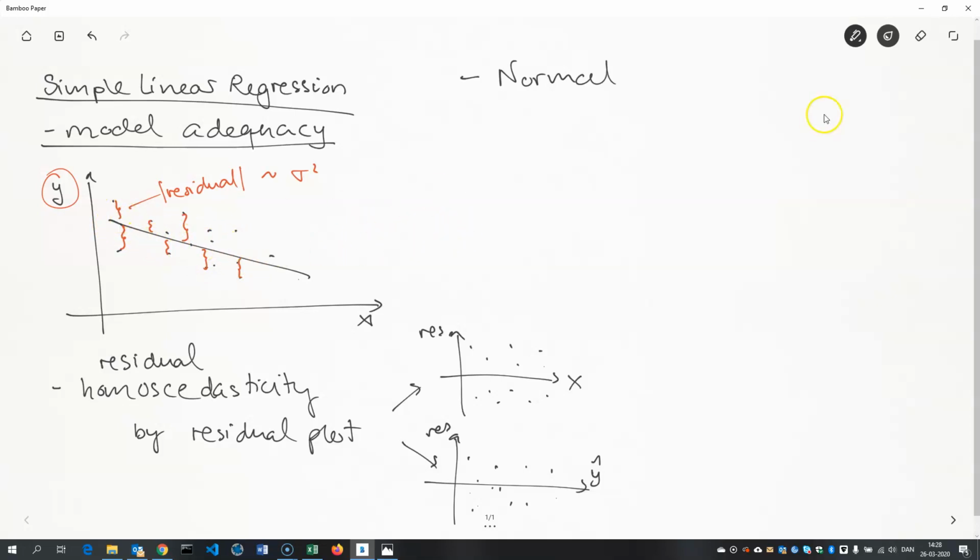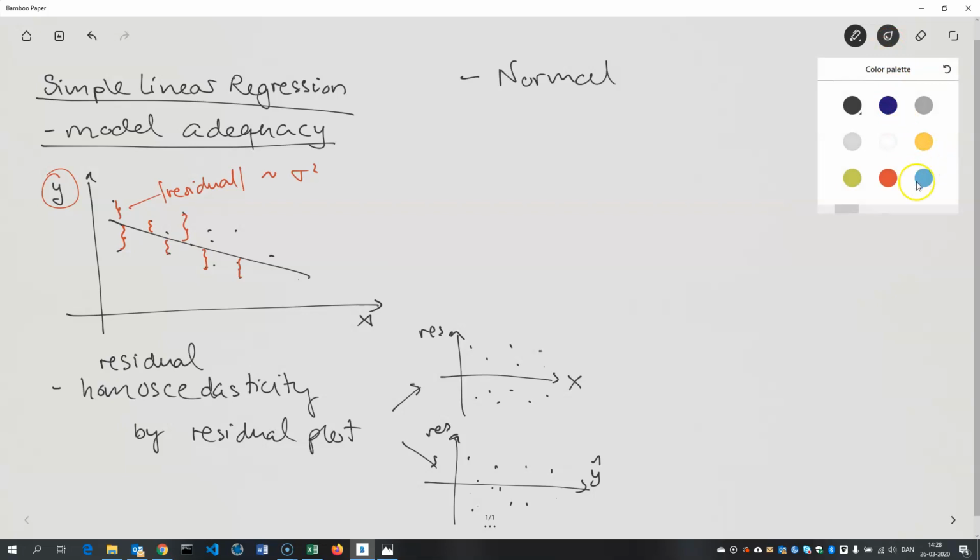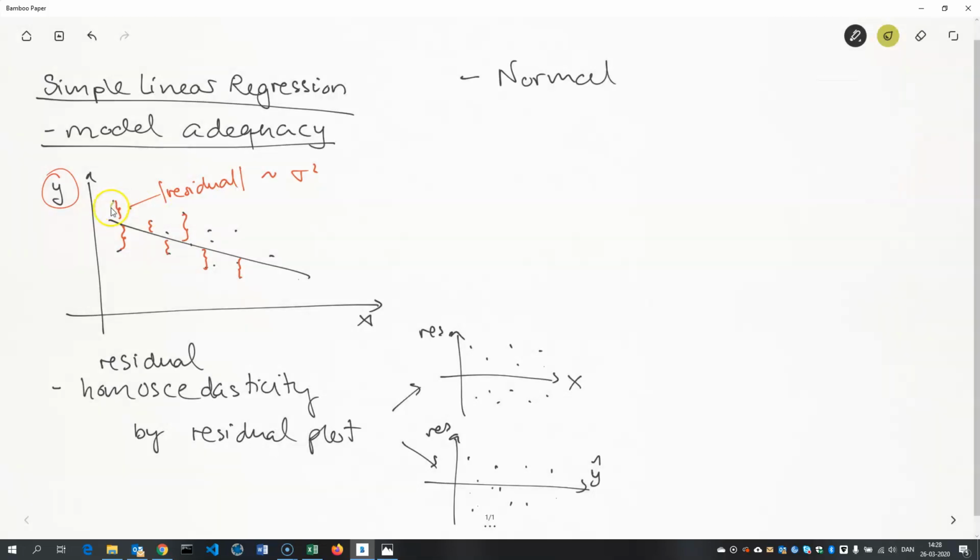So we could draw small normal distributions. I'm not so good at that. Like that. So we expect most of the residuals to be close to the line, fewer further away, and very few far away. That's roughly what we mean by a normal distribution.